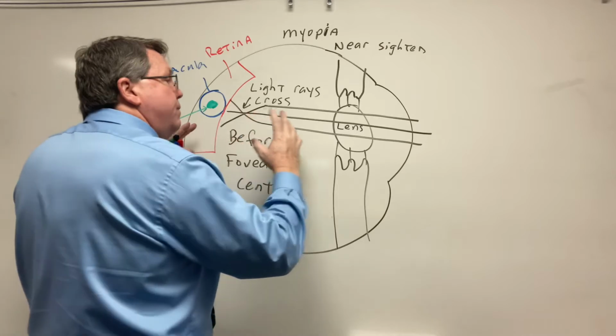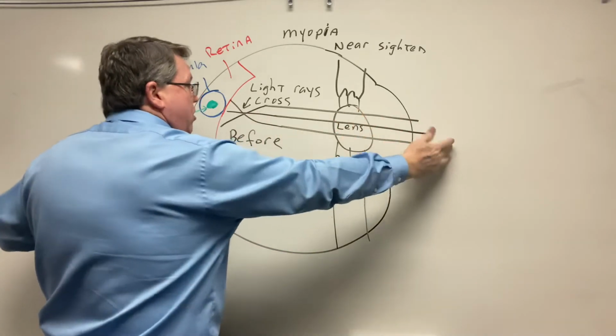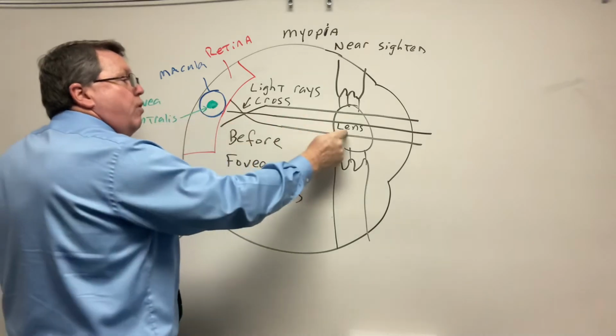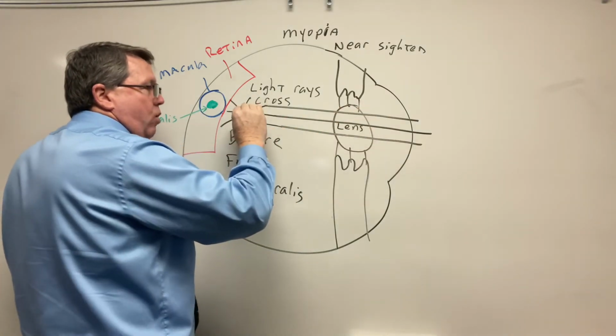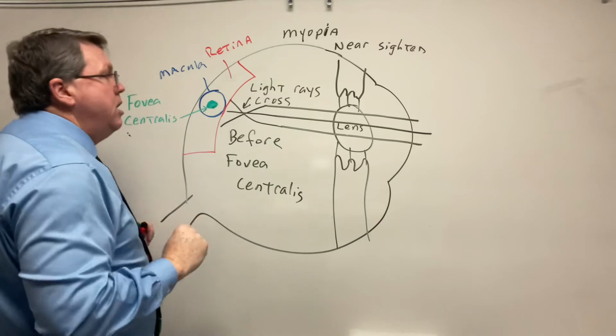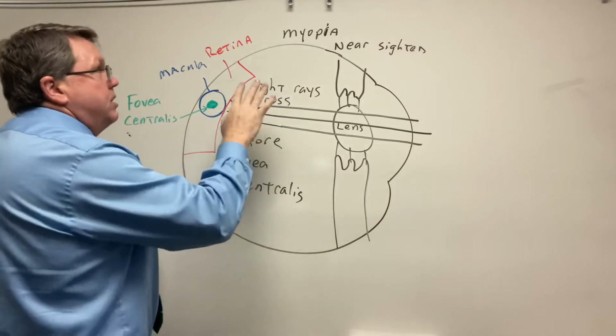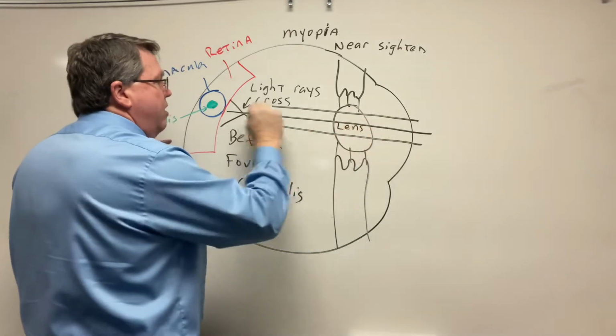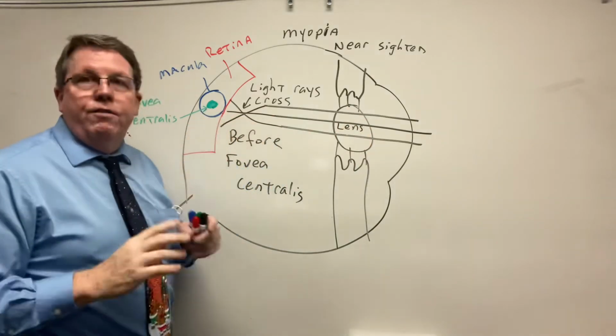So what can happen sometimes, if the eyeball becomes longer, it moves this whole Fovea Centralis and macula away from the lens. So the light rays are going to cross in front of this, right? So that's what's going to happen in myopia. We get astigmatism or we get something wrong with the lens, and light rays cross before the Fovea Centralis.